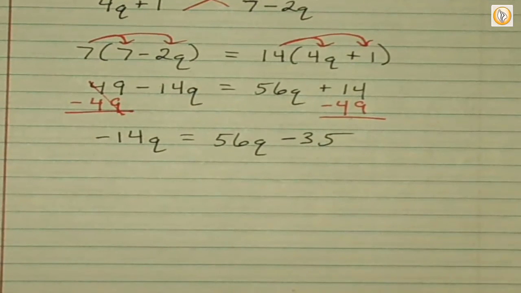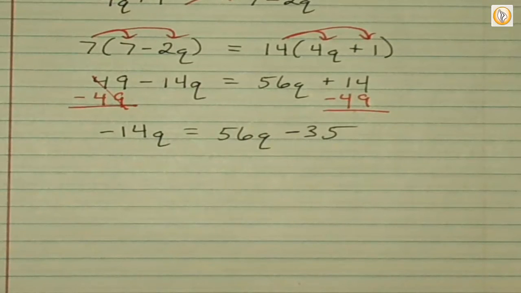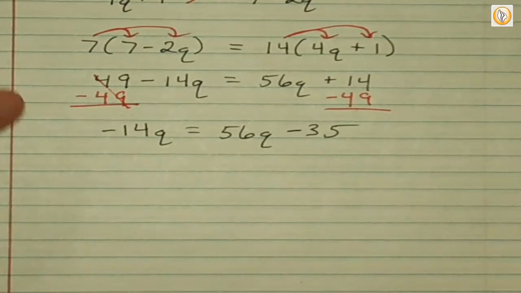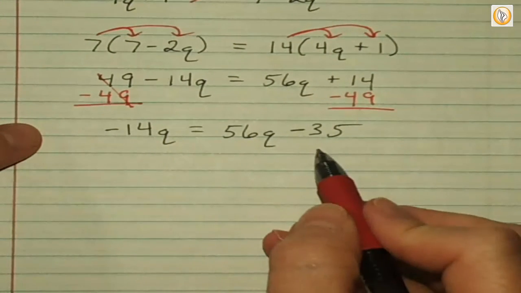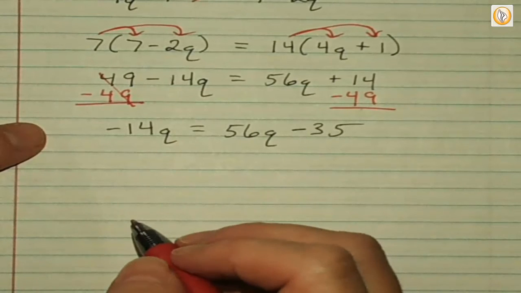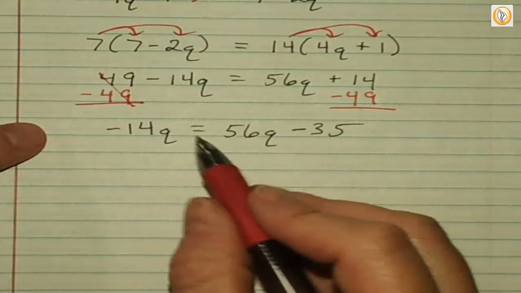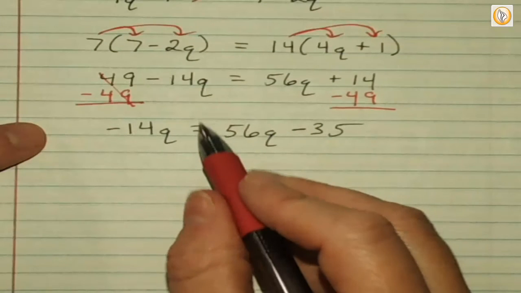All right, now what do I do, Cecilia? I'm adding 35 to 14q. But here's my equal sign.